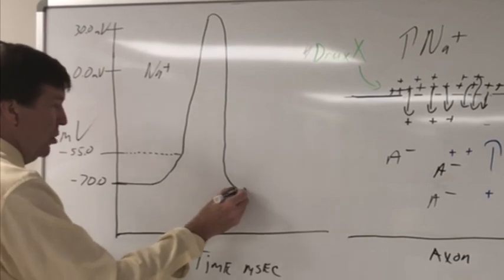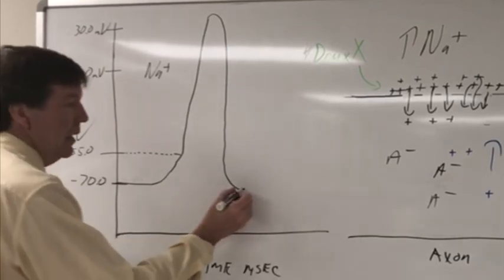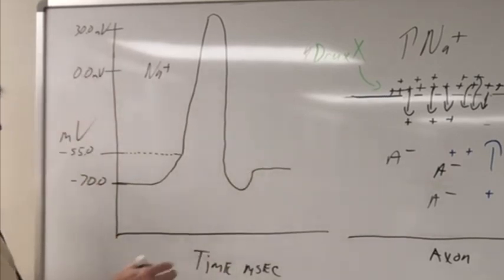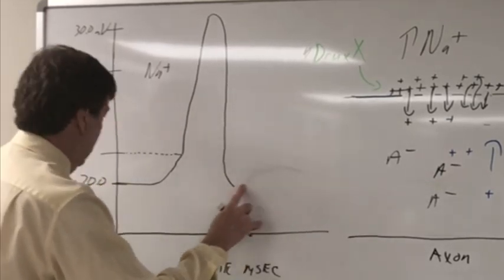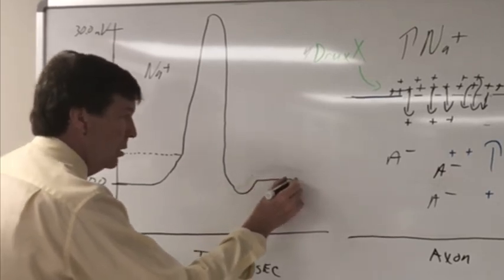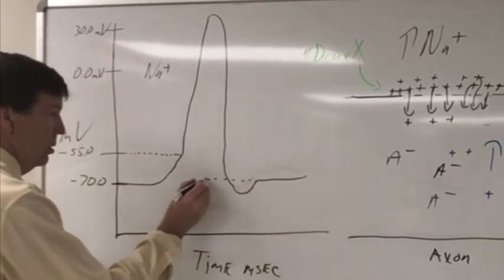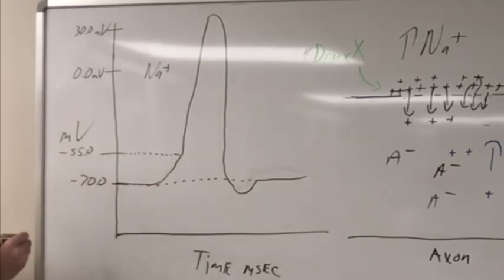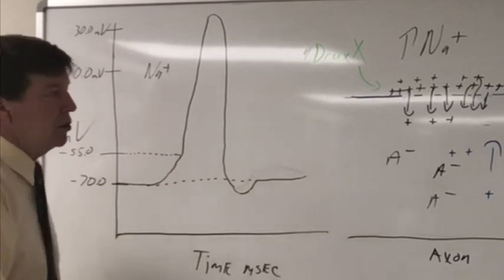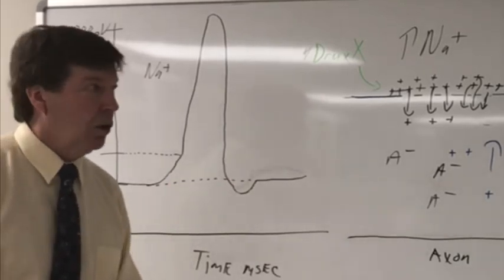We're going to overshoot our negative 70, then the sodium potassium pump, and we're going to reestablish the original resting potential there. Again, right here is where you reestablish the original ionic concentrations of sodium and potassium.